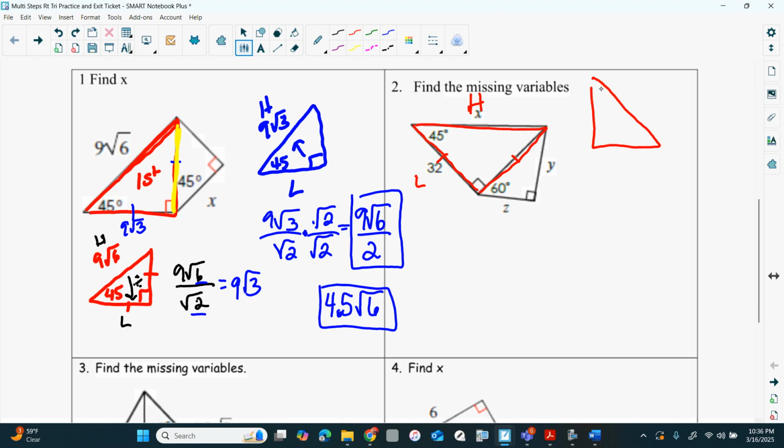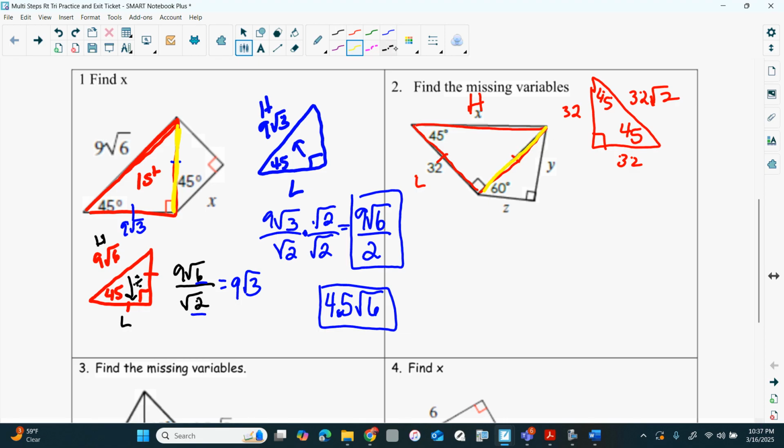It doesn't have to be to scale, but in this 45, 45, 90 triangle, the legs are 32, and the hypotenuse is just the leg root 2. So this would be 32 root 2. Okay, that's our x. Now, the shared side is here.